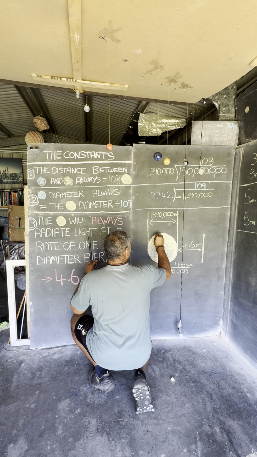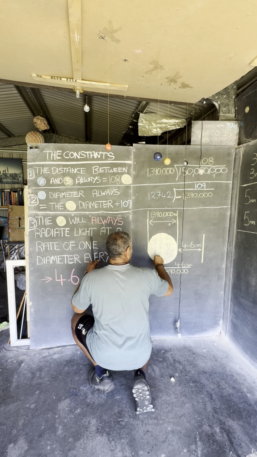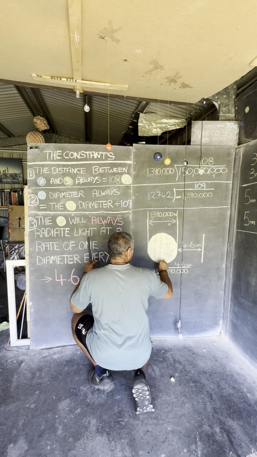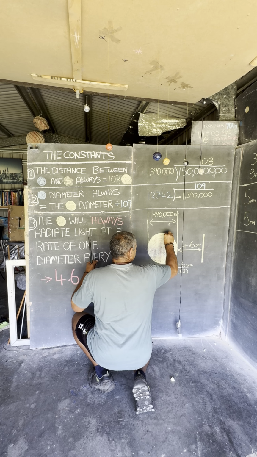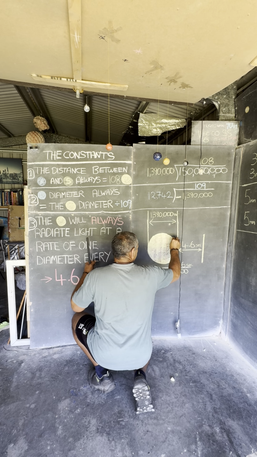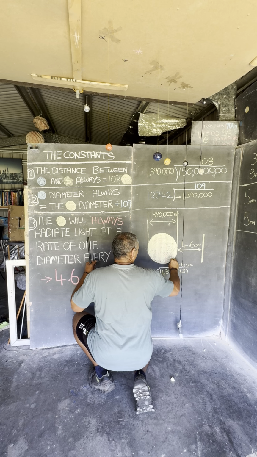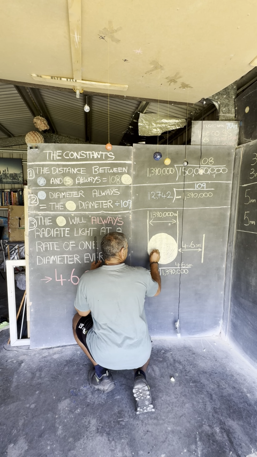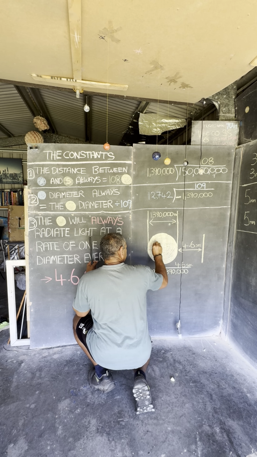So we've got about there. 1, 2, 3. All right, we'll go there. All right, 4. So this, from there to there, it's 299,792 kilometers.